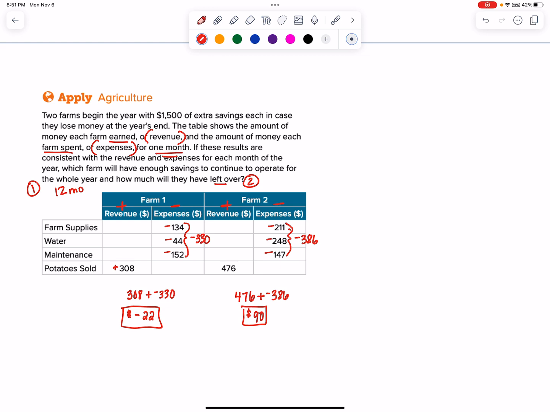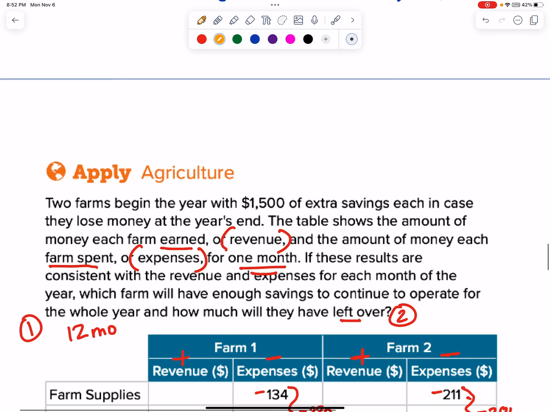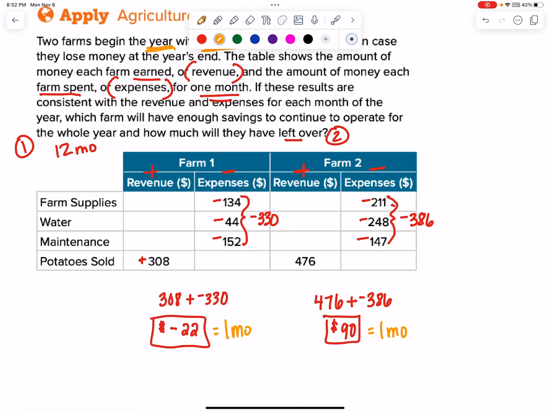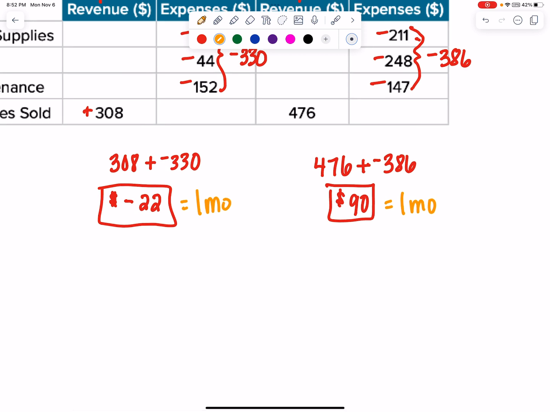The table shows the amount of money for 1 month, okay? So this is 1 month here equals 1 month. We're talking about the 2 farms begin a year with this much money, okay? So let's go ahead. We need to calculate how much is earned or lost over a 12-month period then.